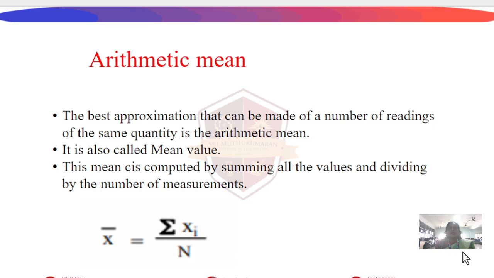This mean value is considered the best approximation of the true value. For example, if we measure voltage 5 times and get five different values, we do not take any one value as the final result. Instead, we calculate the average value and take that as the measured value. So arithmetic mean helps in reducing the effect of random errors.